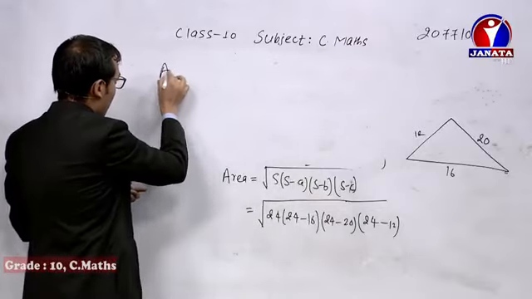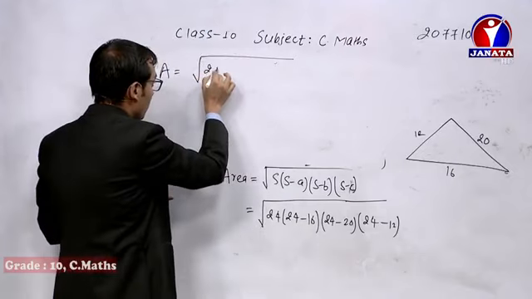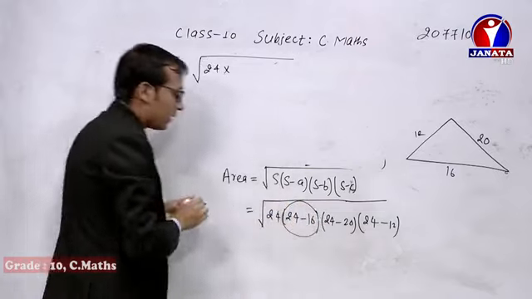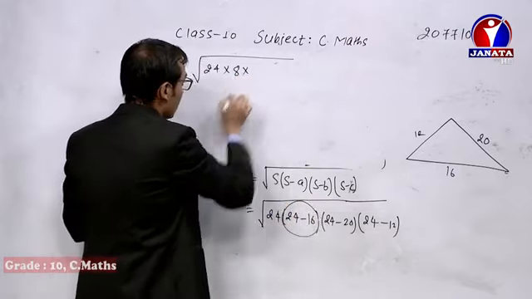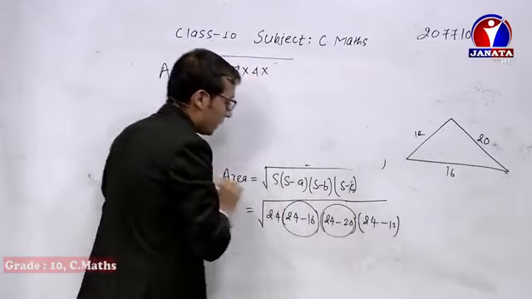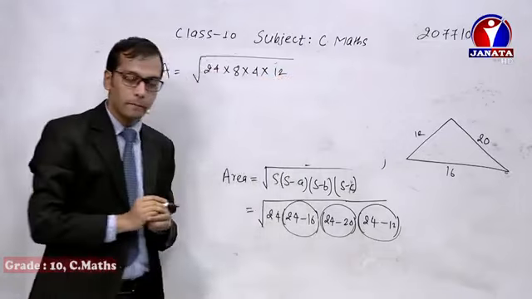So area is square root of 24 times, what is 24 minus 16? 8, times 24 minus 20 is 4, times 24 minus 12 is 12.